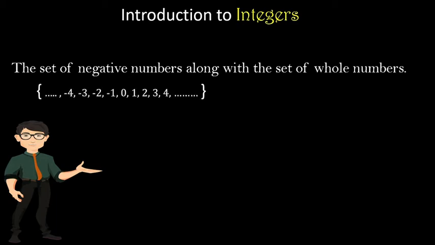For example, -4, -3, -2, -1, 0, 1, 2, 3, 4 and so on, in which the numbers -4, -3, -2, -1 are known as negative integers, and 1, 2, 3, 4 are known as positive integers. The number 0 is neither positive nor negative.